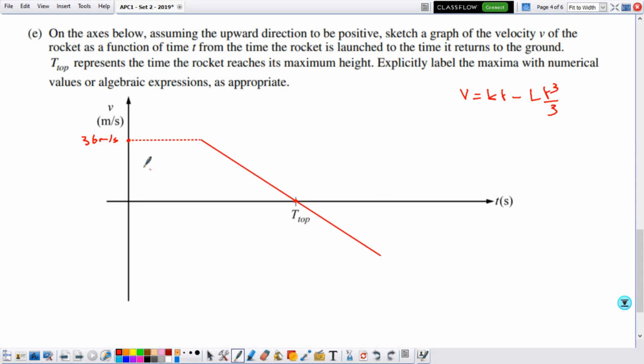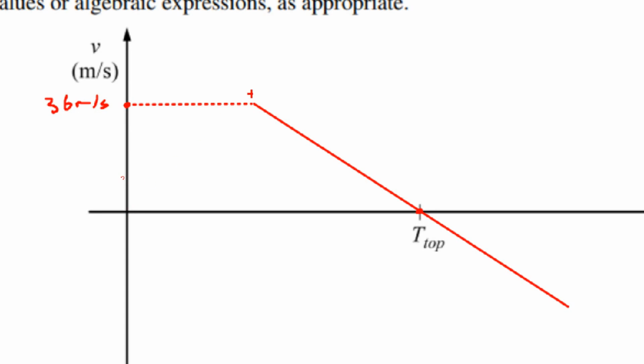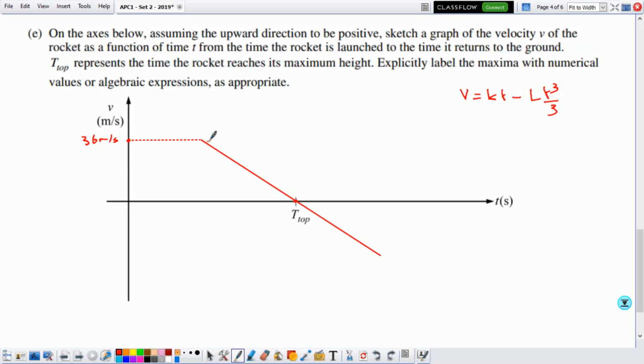And now what remains is how we should connect the initial point with the final point, and this depends on the concavity of the curve. The concavity can be determined from the second derivative of v, because we're plotting v. The first derivative is k minus lt squared, and the second derivative is minus 2lt.